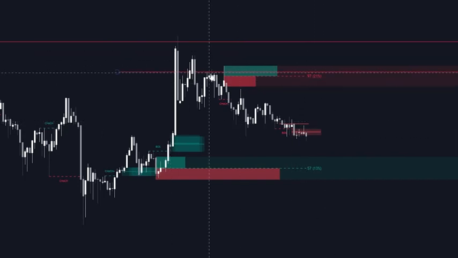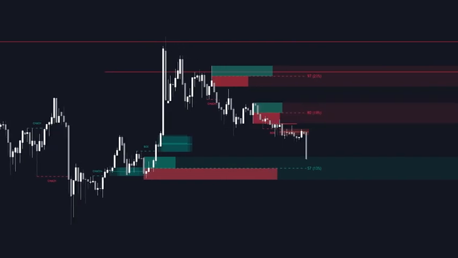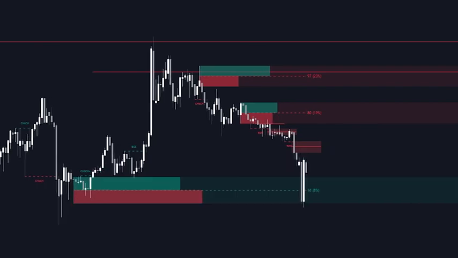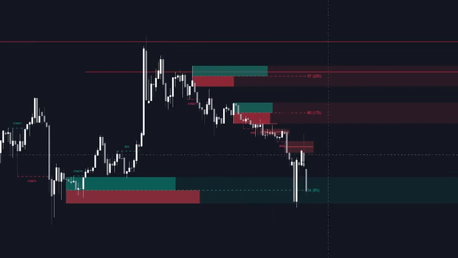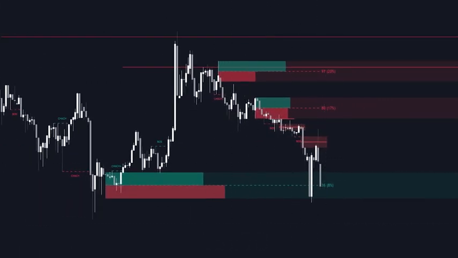So we could consider this as a place to enter a short. Although considering that the market has come down quite a bit, we can be a bit conservative with how we take this particular trade. Of course, this is all up to your discretionary analysis, but now we can see after that first break of structure and how we reacted on that 15-minute fair value gap right there. We can see a move that came down into this order block right here at only 8%.